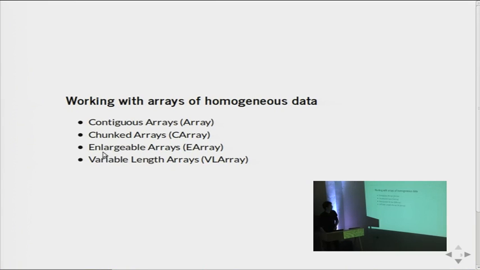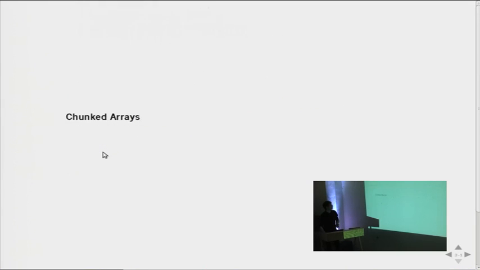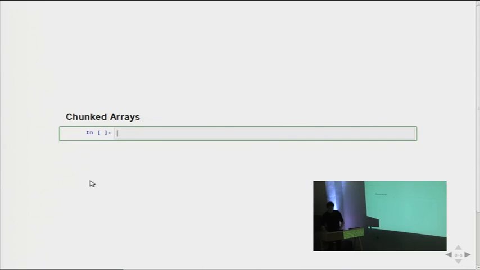So in the following, I want to talk about the chunked arrays, how to create one. So you say, for example, CA is hf.create_carray. Then you have to tell PyTables where that lives.